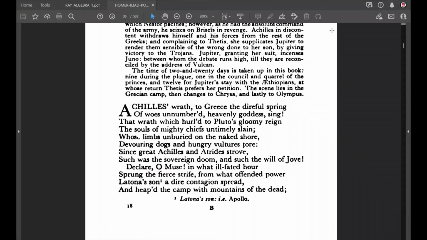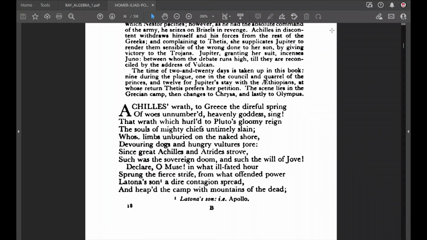That means which cast down into hell. Pluto in classical mythology was the god of the underworld. He was the god of the dead. And his reign, his gloomy reign, was his dark kingdom under the earth, where all the dead went.